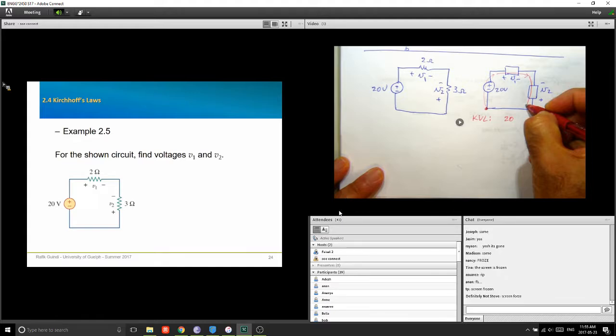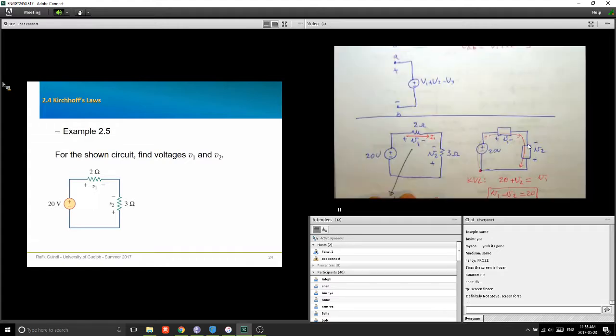Screen froze. Screen froze. Still frozen?